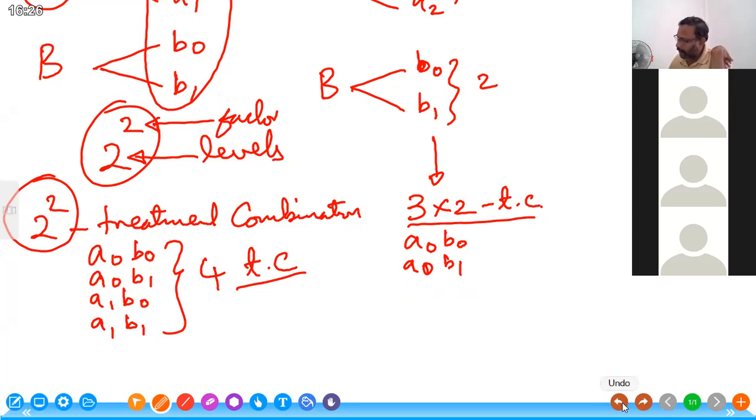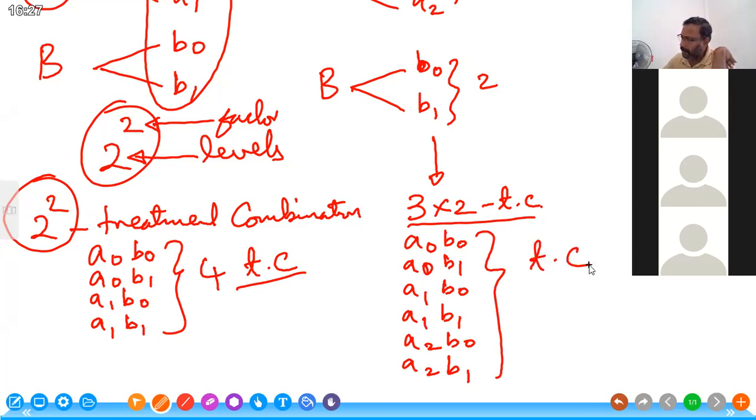A naught, B naught; A naught, B1; A1, B naught; A1, B1; A2, B naught; A2, B1. All possible combinations. So this is called treatment combination.